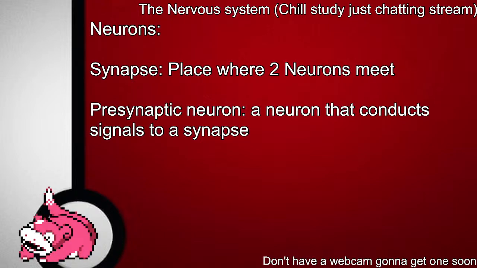Narrow space between the axon terminal and the adjacent cell, and this is a little apart, across which a neurotransmitter diffuses. What does diffuse mean?